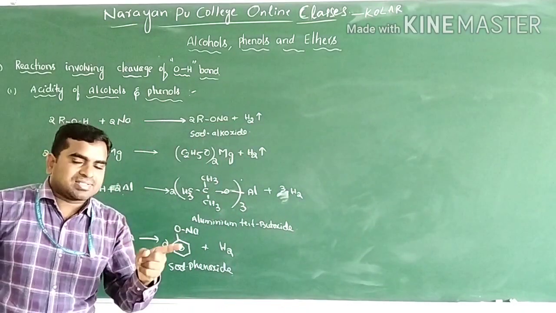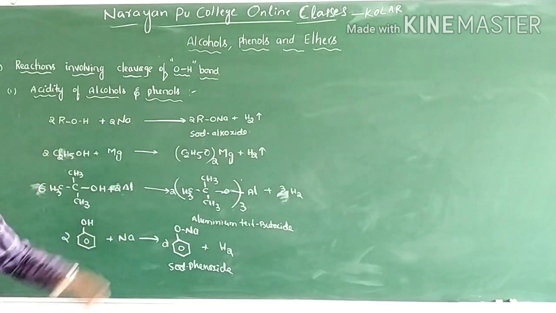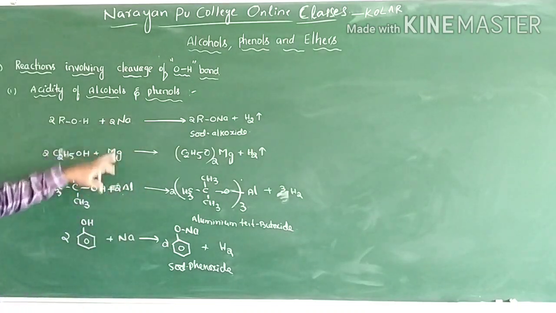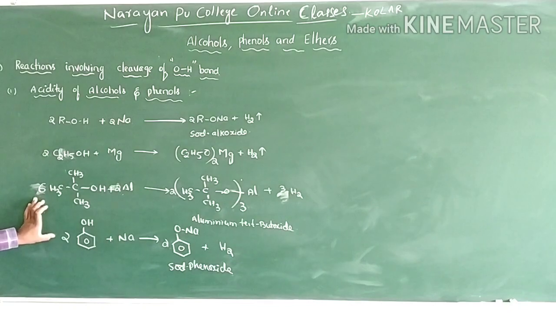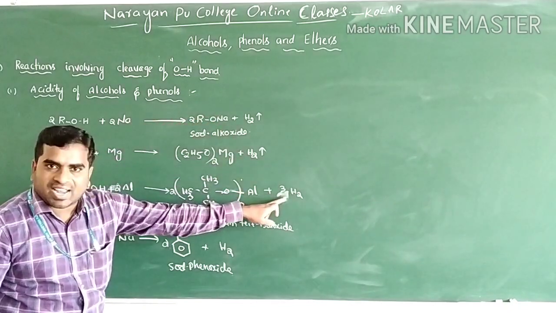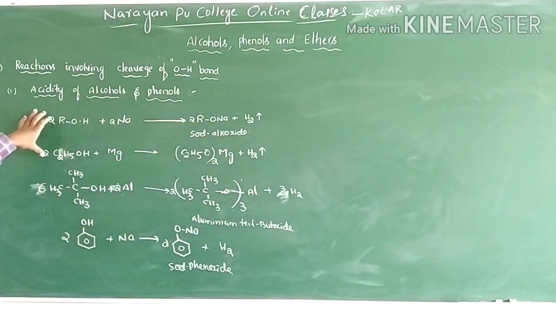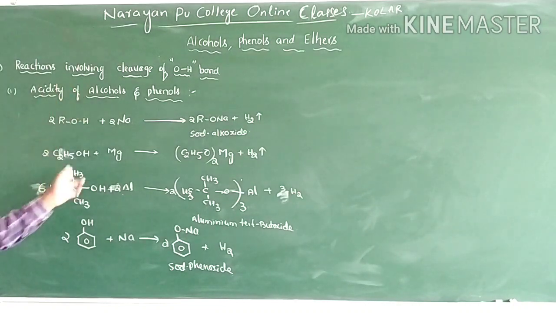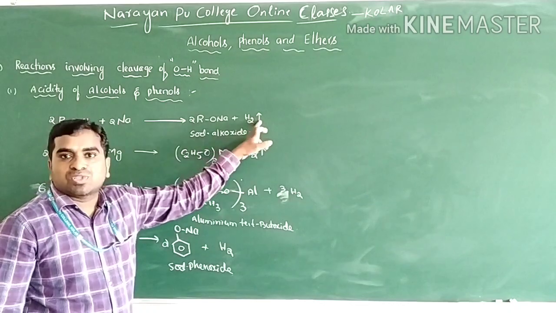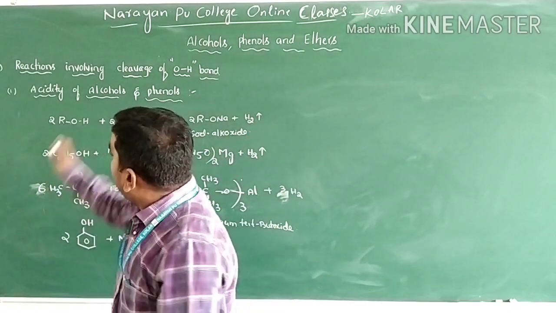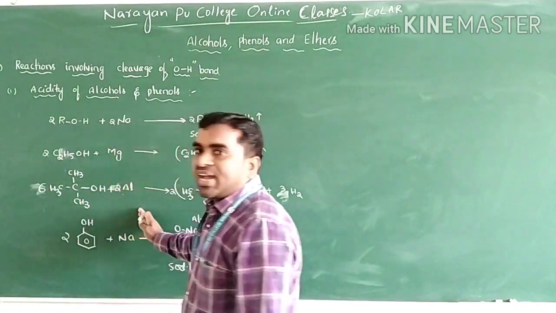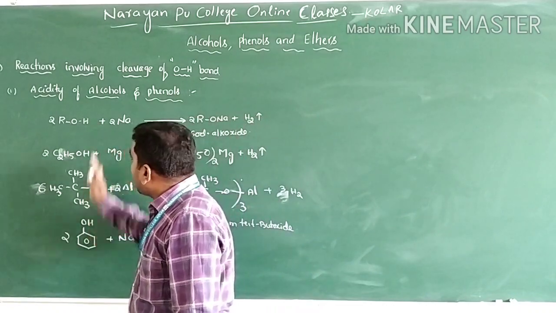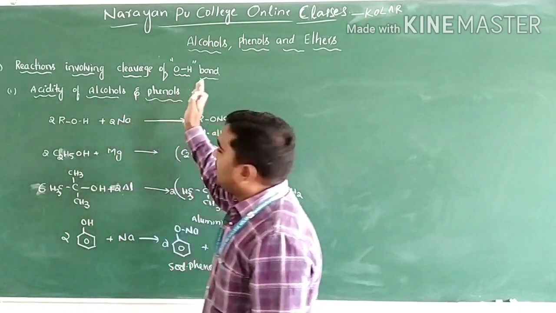Now metals reacting with alcohols and phenols also produce hydrogen gas. What does it mean? These alcohols and phenols are acidic in nature, only then will they react with the metals and produce hydrogen gas. So by these reactions we can say alcohols and phenols are acidic in nature.